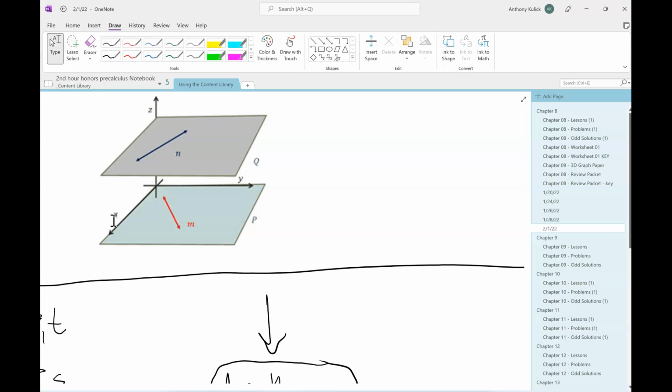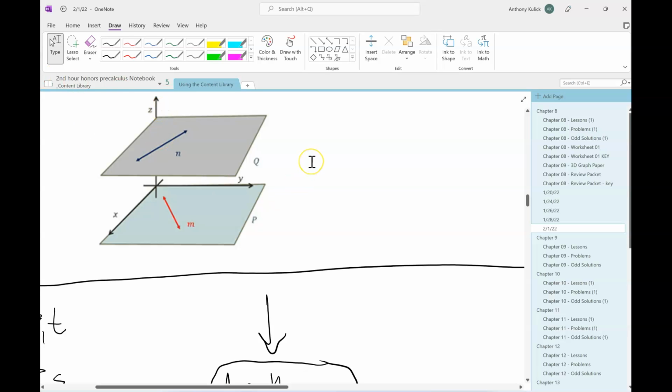That's how it can happen, because you have the third dimension. If I have a line here and a line up here, they don't cross, but they're not parallel either, because this is going this direction, this is going that direction. So they're non-parallel, non-intersecting. Does that make sense? Yeah.